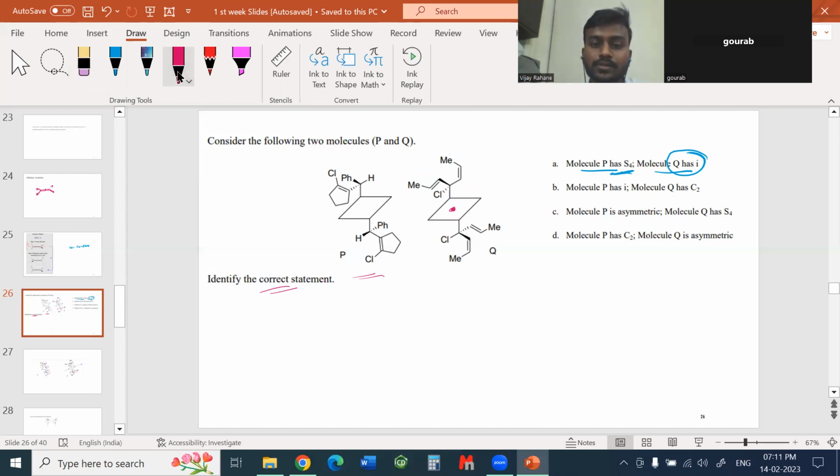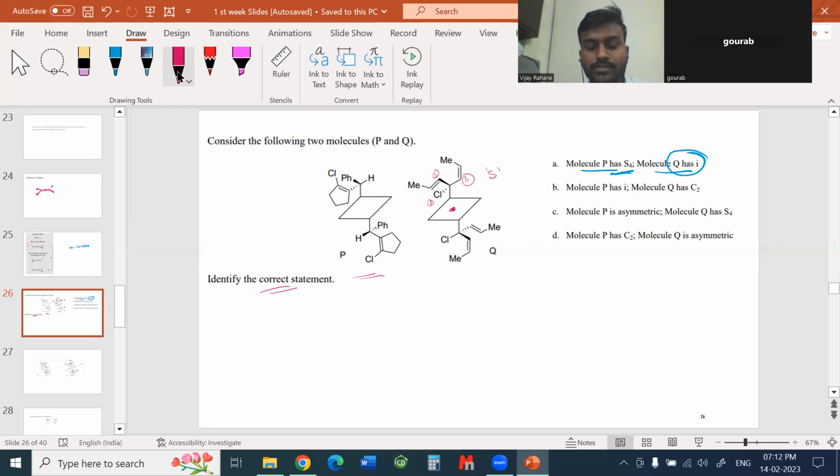So what is the configuration of this carbon atom? Let's give the numbering. The chlorine will be the first one, the trans the second, and the cis the third. So what is the configuration here? 1, 2, 3. It's R, but R changes to S since it is the lower one.